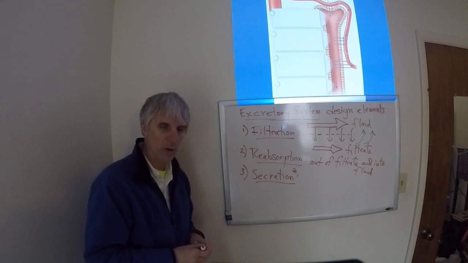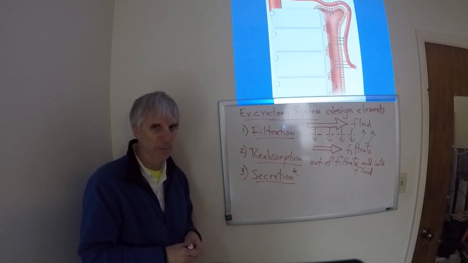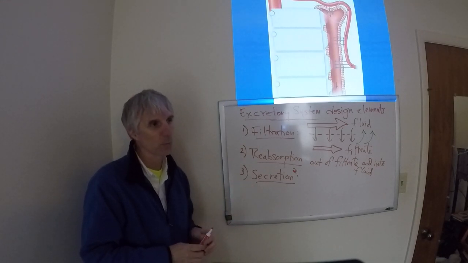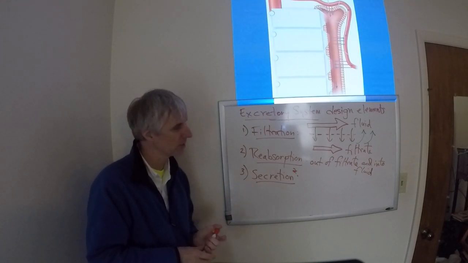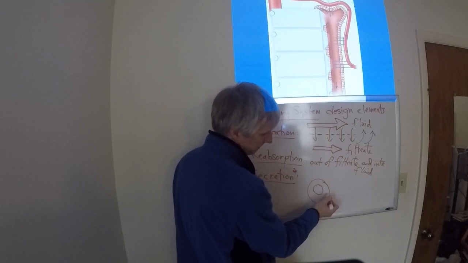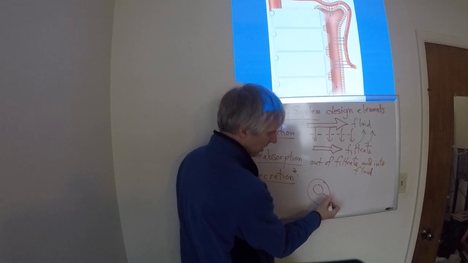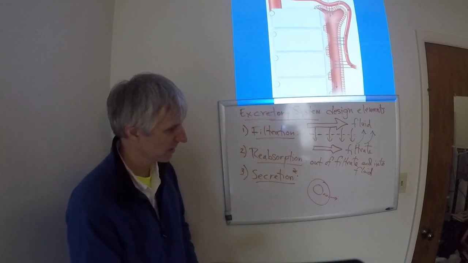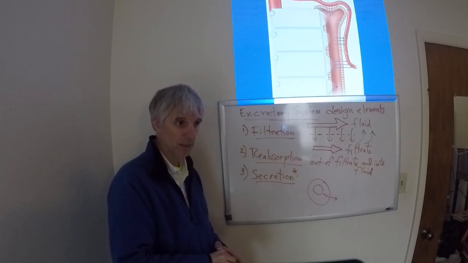Secretion is one of those words in biology that has multiple meanings, and both meanings don't work here. So before, when we've talked about secretion, we may have talked about a cell using the endomembrane system and then dumping the contents of that material outside the cell.